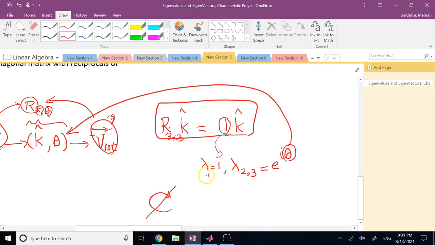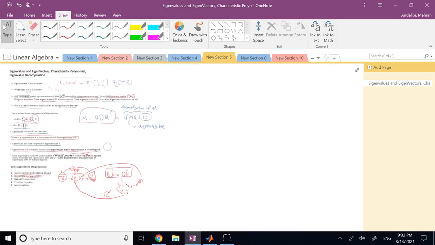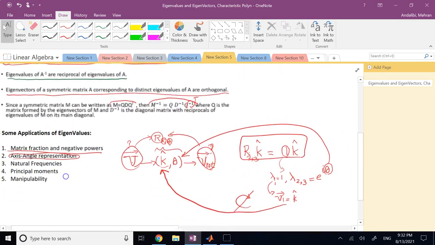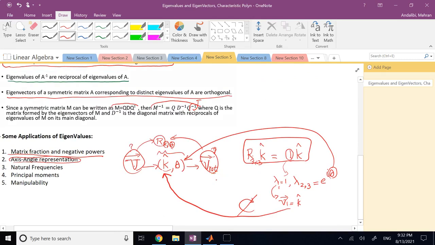And this lambda of 1 corresponds to an eigenvector v1, and you can show that v1 is the same as the unit vector k. Okay, so by solving the eigenvalue problem for a rotation matrix, you can find the axis of rotation and the angle of rotation equivalent to that rotation matrix. Please watch my video under robotics for axis angle representation, and you'll find out about this. Okay, so this is one of the places that you'll see axis angle representations.